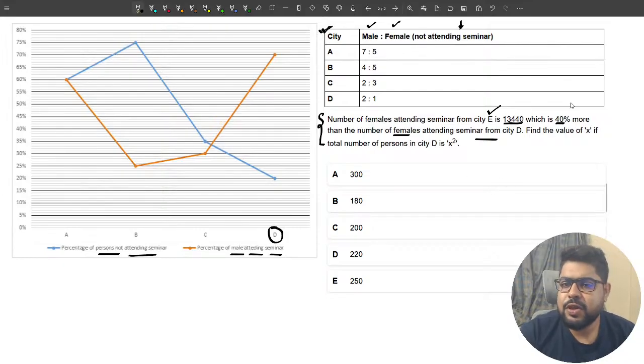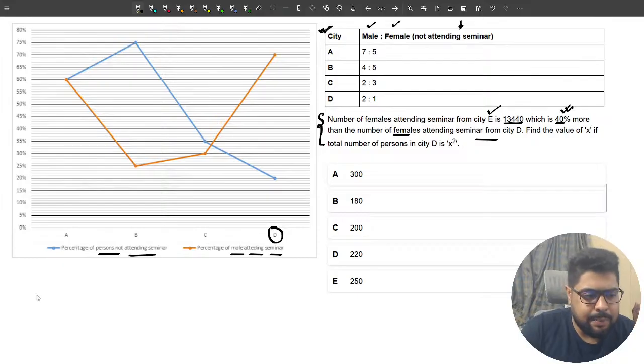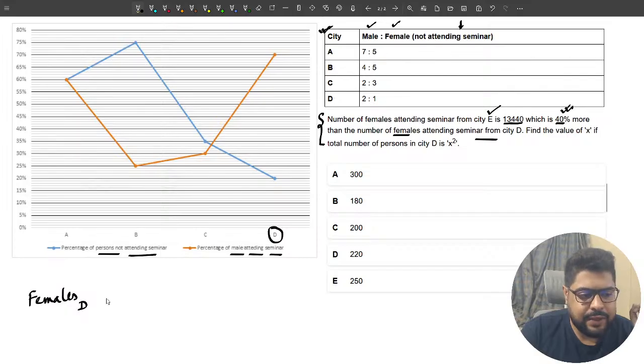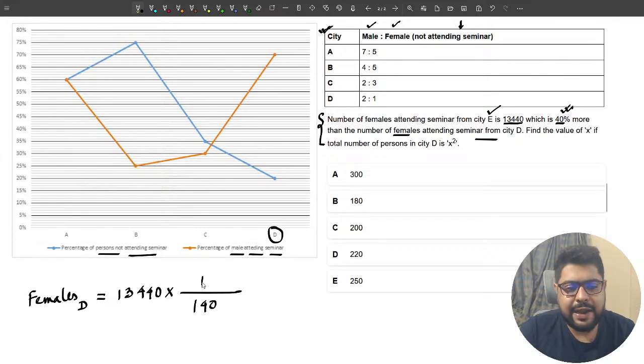So first things first, city E has 40% more females. So the number of females attending the seminar from D: 13,440 represents 40% more, meaning 140%, and I need the value of 100%.